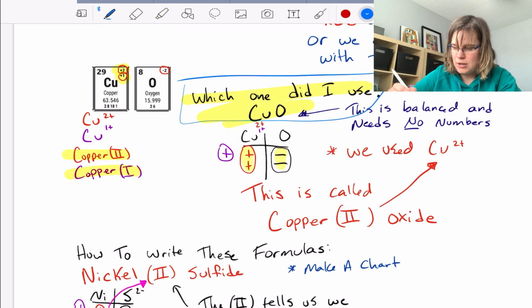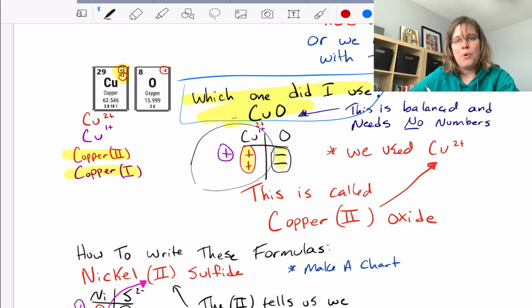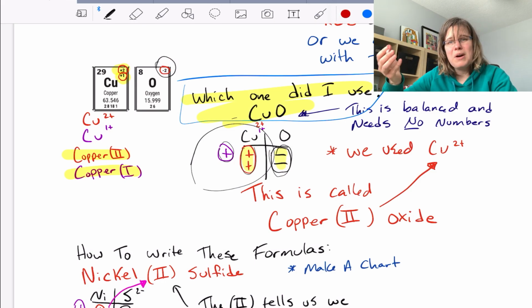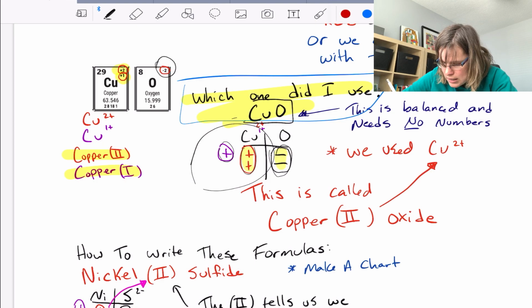So we make a chart. That's what we always do. So we made a chart, and you can see here that I put both options on the side. And so Cu2 is here, it's red, and purple is just copper 1. But oxygen, when I go to look at oxygen, I notice that it has 2 minuses, so right here. So really what I'm wondering is, since I don't use any numbers in CuO, which one balanced?